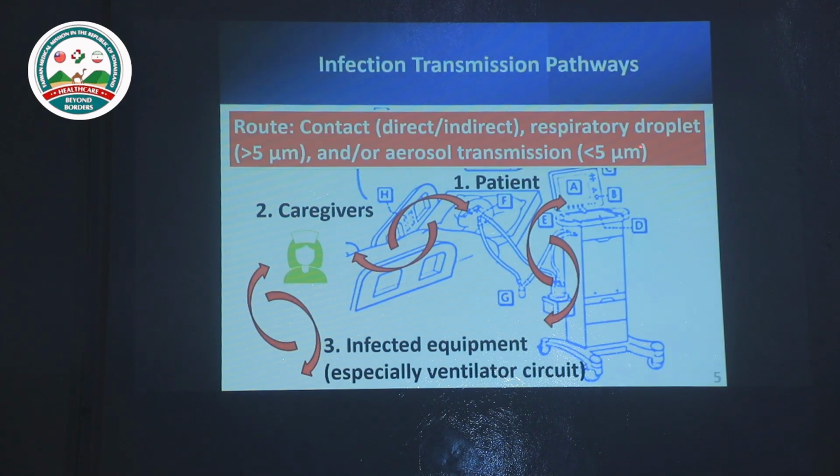This small particle can remain in the ICU or transmit far away, even outside the ICU, to cause an outbreak. So especially for patients using respiratory care equipment, they have these two: respiratory droplet or aerosol transmission. That's why we need to do the cleaning, especially of the ventilator circuit, to prevent respiratory droplet or aerosol transmission.